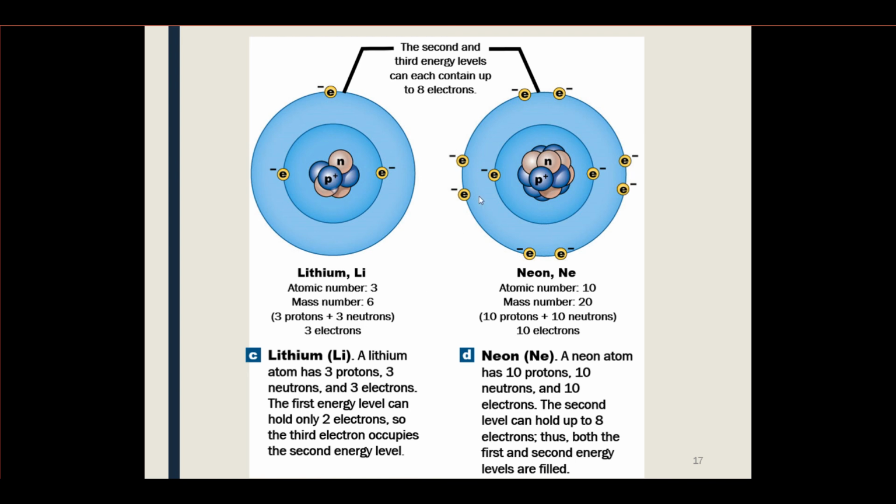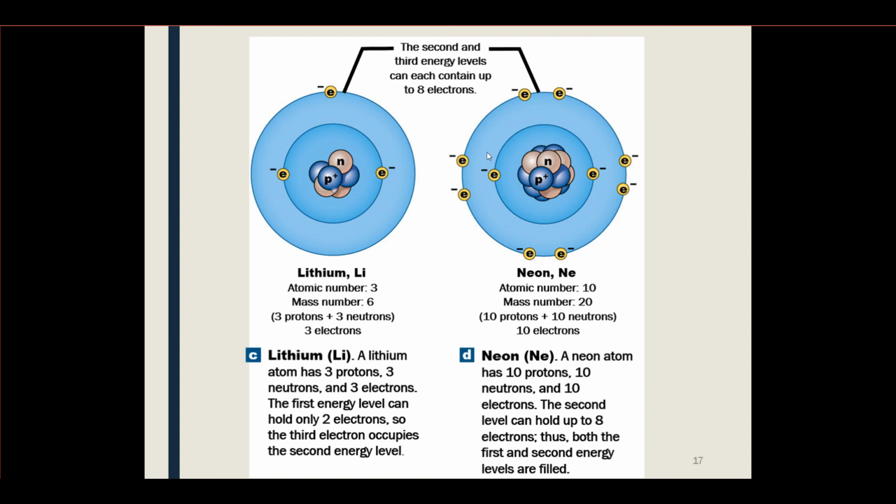If you want to see neon, which is a noble gas they call it, look way over to the right. Go to the atomic number 10. So that tells us we have 10 protons, so we would see 10 protons in the nucleus here. Its mass is 20, so that tells us we have also 10 neutrons. And then the number of electrons equals the number of protons. So how would these electrons fill?